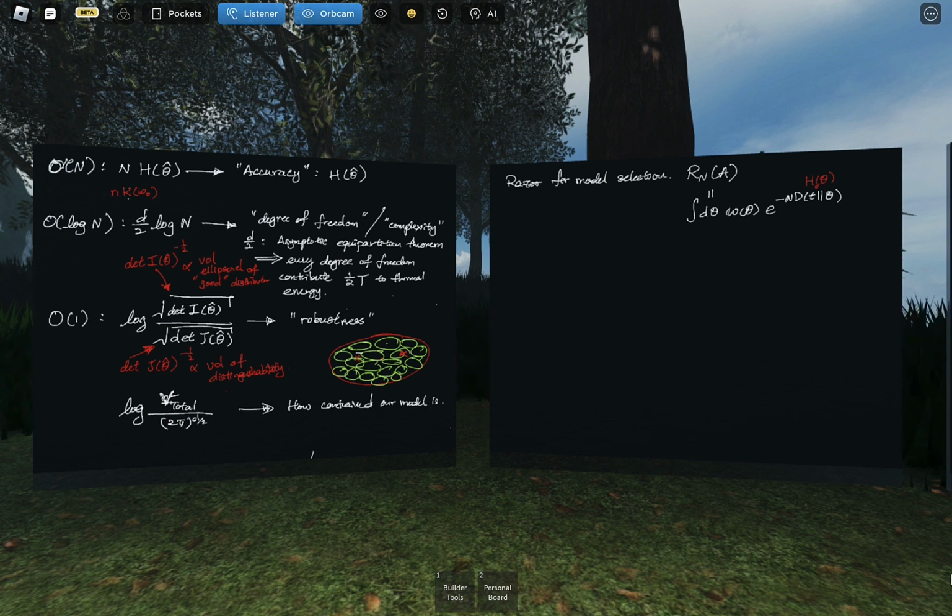You have two models, and you want to know which one you should use. Then this razor is saying, compute this Rn quantity on model A, and compute this razor quantity on model B. Whichever is larger, so this is related to the evidence, whichever has higher evidence, use that one.